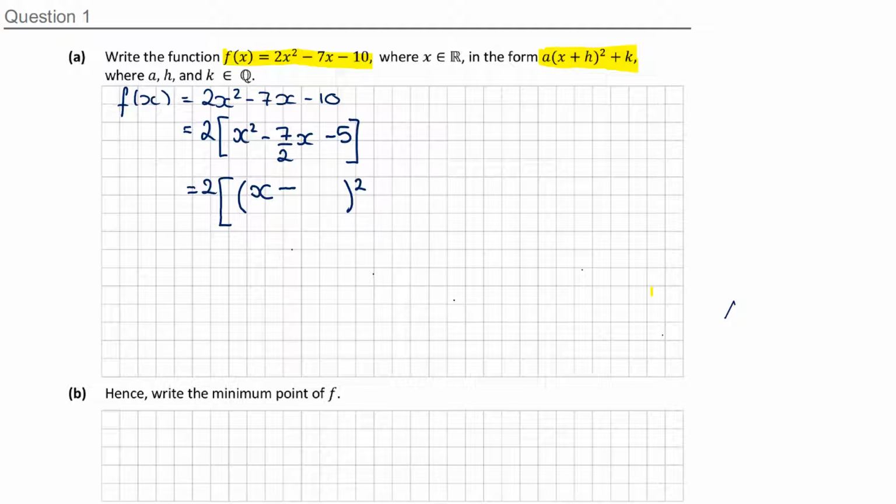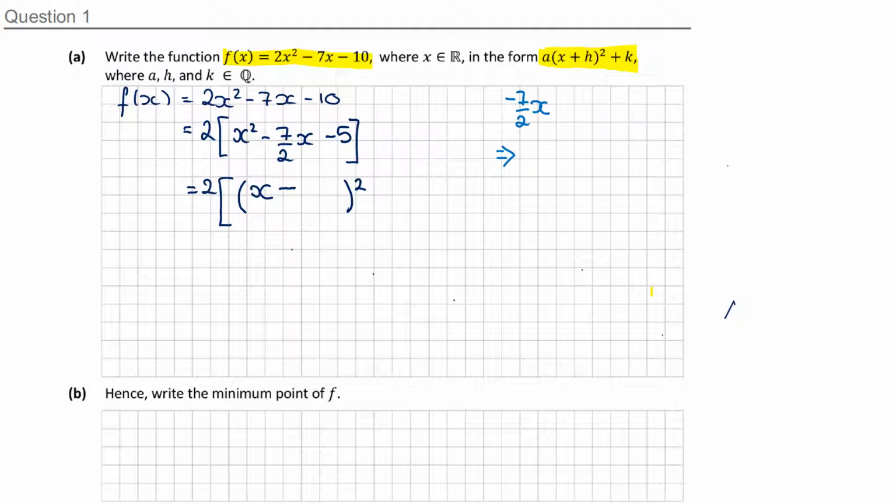To figure out what else should go into the bracket, I'm going to work over here to the side, and I have minus 7 over 2 times x. This is my middle term, so when we square a bracket, first we square the first, then we multiply the first by the second and double it, and then the third piece is to square the last. So this is the first by the second, and then we double it.